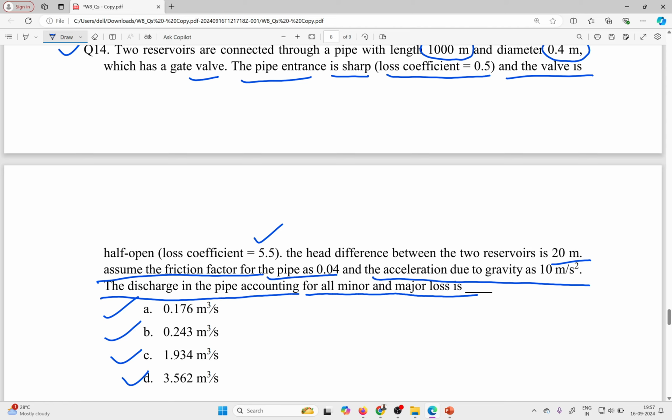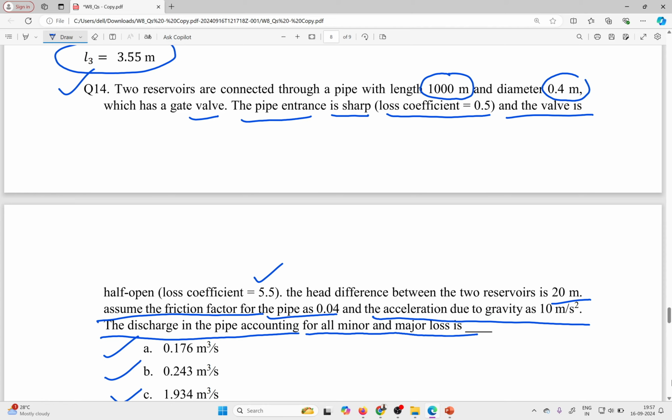Please try to think on the question, and then I will show you the direct answer, because we are very limited with time and I cannot give you time to solve it. Here you need to consider all major and minor losses.